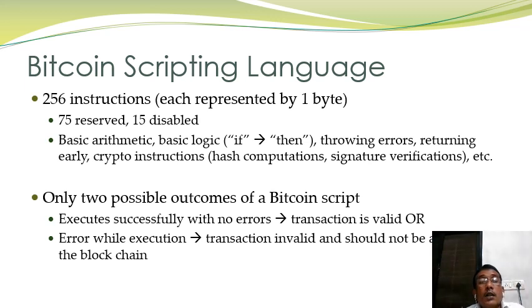Then there are only two possible outcomes of a Bitcoin script: either the script is valid or it is invalid. First, the script executes successfully with no errors, and the transaction is valid.